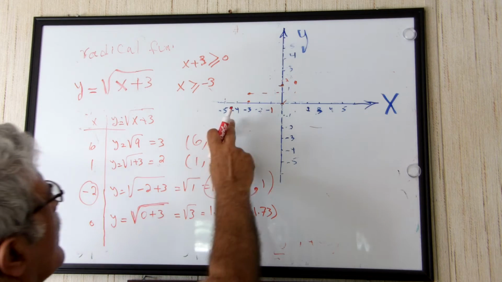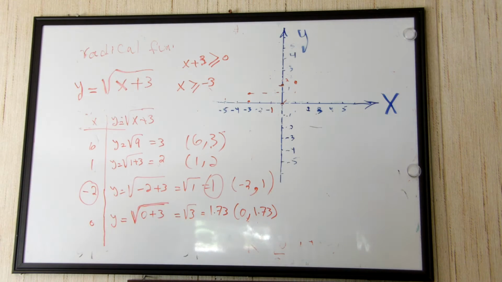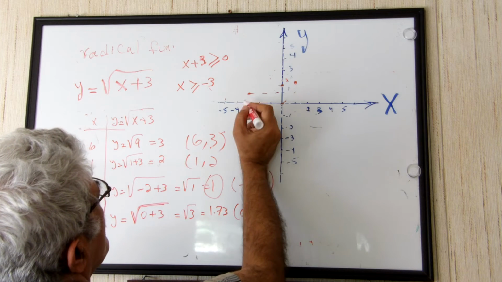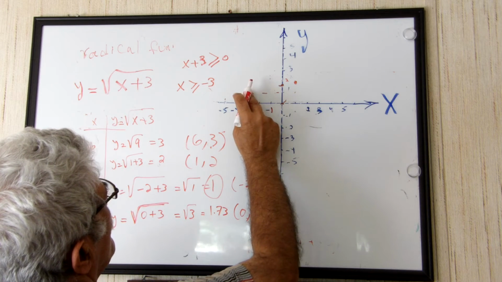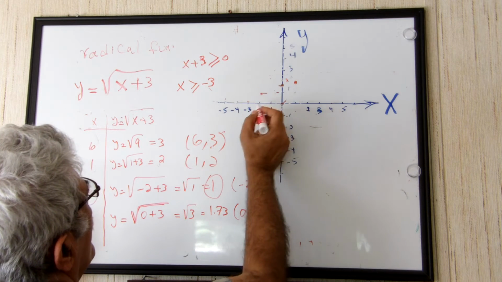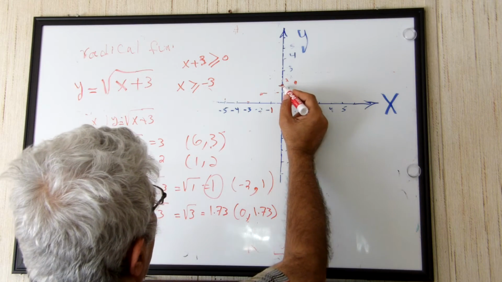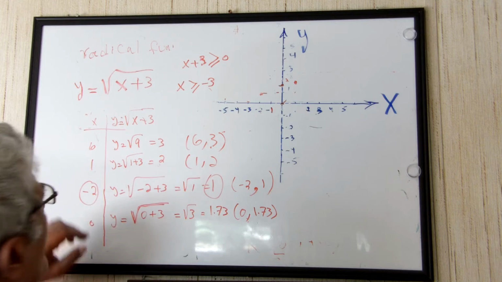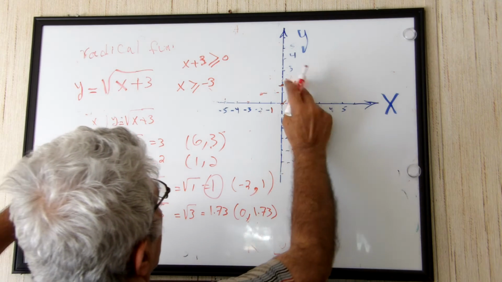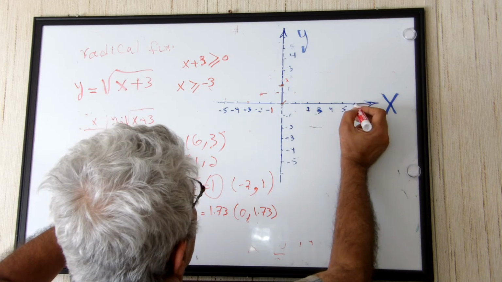So we cannot give less than minus 3 because under the radical it is going to be negative and we can't do that. So what happens if we connect these? I'm sorry, the second point is here: minus 2 and 1. And then, see, 6 and 3: x is 6, y is going to be 3.